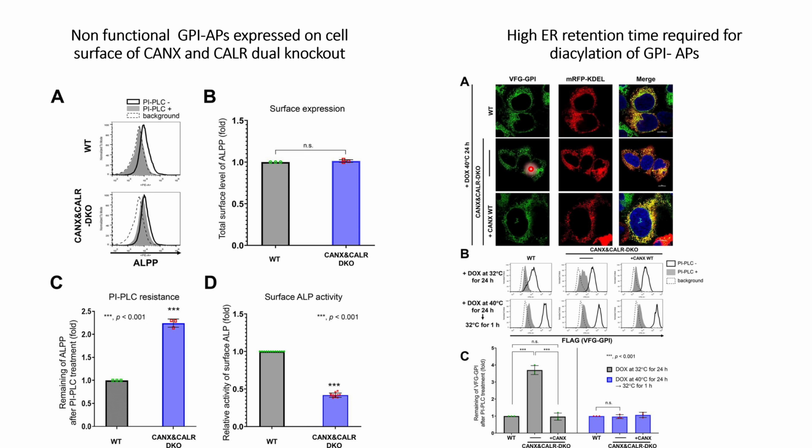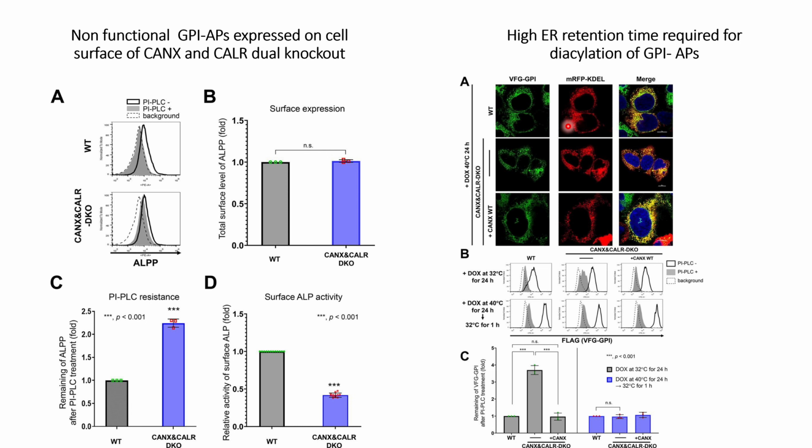And when they check the dual knockout, they can see that the signals are overlapping. This indicates that in the dual knockout, the misfolded proteins remain within the ER, and with the rescue of Calnexin wild type, they can see that more GPI-APs are expressed on the cell surface.